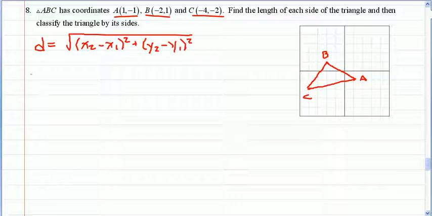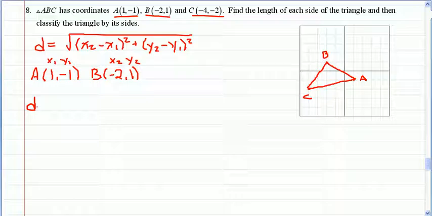And starting with segment AB, if we have point A is (1, -1), and B is (-2, 1), I'll make A x1, y1, B x2, y2, and I take these values and substitute them in the distance formula.